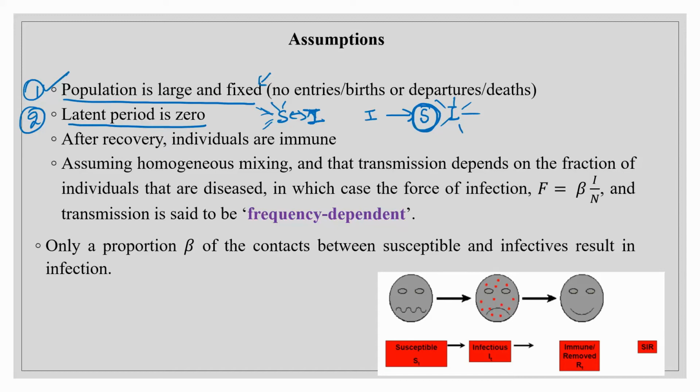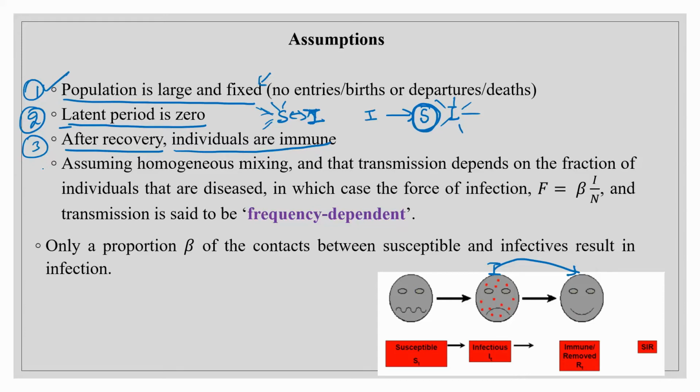That means it is not taking any time to become infectious. It immediately starts spreading the infection. The third assumption is that after recovery individuals are immune. When this infected population comes into this class, having recovered somehow, it will always be immune, that it cannot catch the same disease. So this is the third assumption.